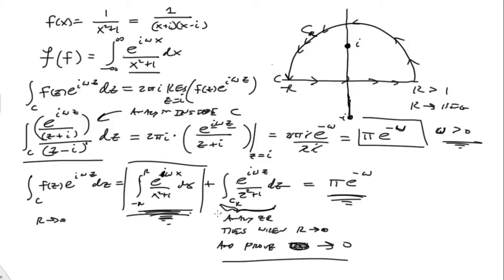We're going to use several tools from complex variables analysis, so I'm going to write down what those tools are. Again, redrawing it in the plane, we have our contour CR up here. It encloses i, goes from R to negative R, and on that whole contour the modulus of z is equal to R. We're going to use two tools.